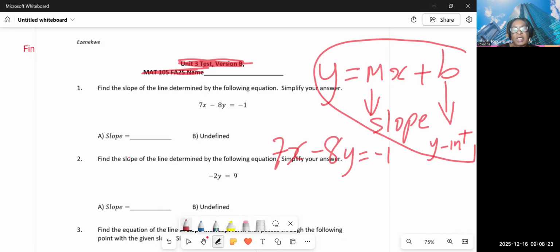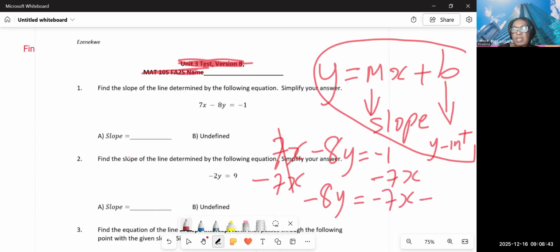Then I want to isolate y, so minus 7x on both sides. So 7x will cancel 7x, and then I have -8y is equal to -7x minus 1.